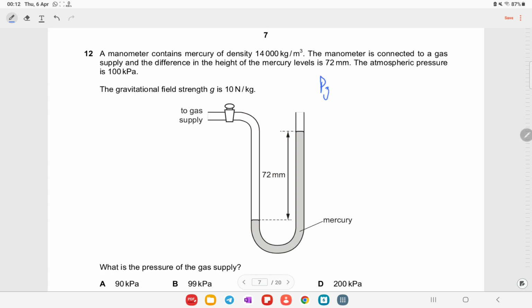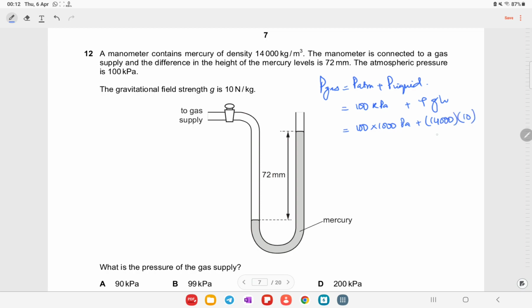So now you see this thing: pressure of the gas equals pressure of the atmosphere, which is already given, plus the pressure of the liquid. Atmospheric pressure is 100 kilopascal. You need to convert kilo into 1000 pascal. Now you add the pressure in the liquid. The formula for pressure in a liquid is rho g h. Rho is density, which is 14,000.